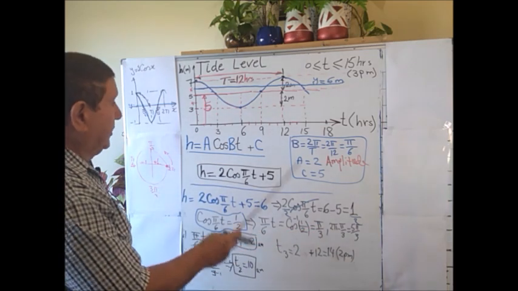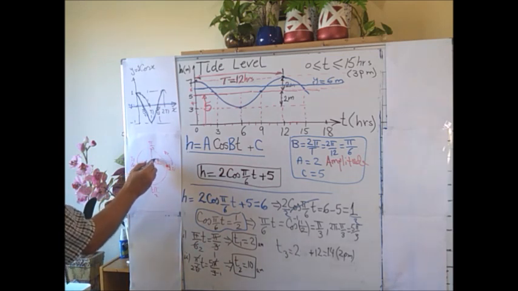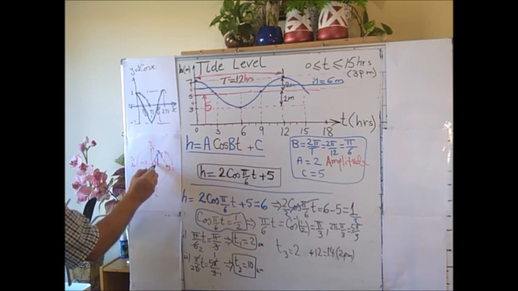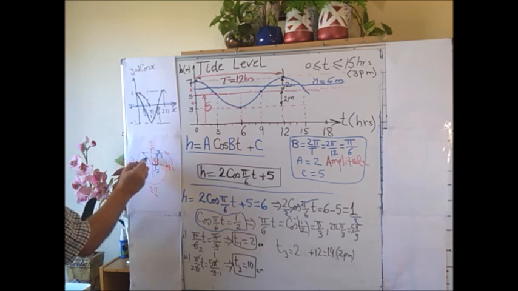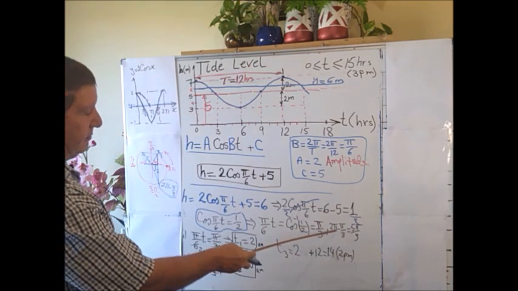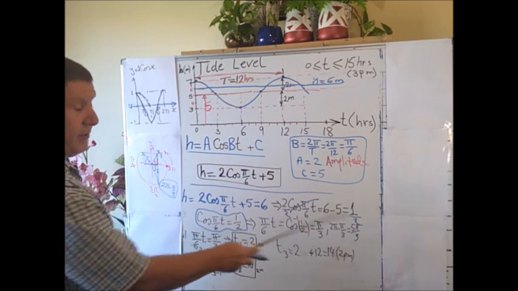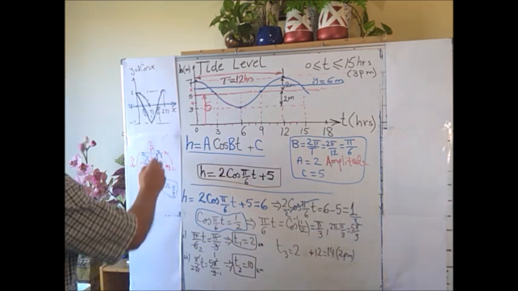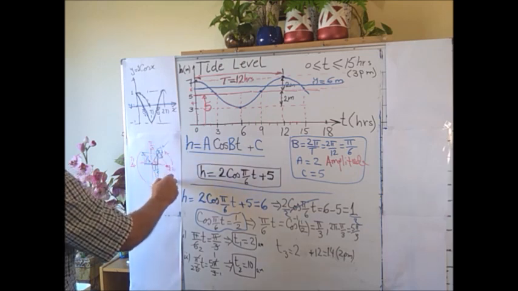Now, it could be on the other side. If this is the angle here, pi over 3, the cosine is a half. It could be on this side as well. So it's either pi over 3 or 2 pi minus pi over 3, which is 5 pi over 3. So we got it from this or this one.